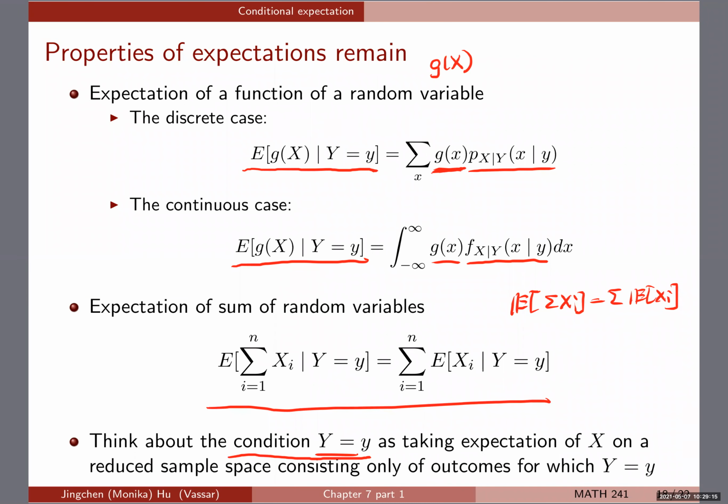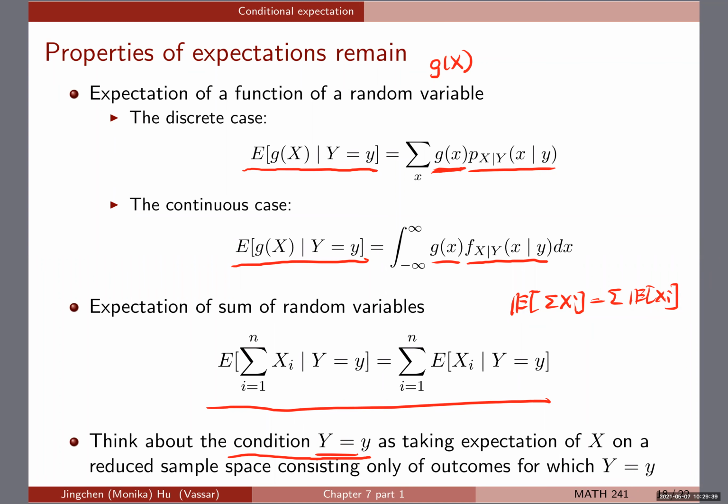So the condition is Y equals small y here. You can think of it as taking the expectation of the random variable X, or g(X) for example, on a reduced sample space consisting only of the outcomes where Y equals y. In the past, if we're not working with any condition, we only have X, then we take the expectation over any space that X can be.